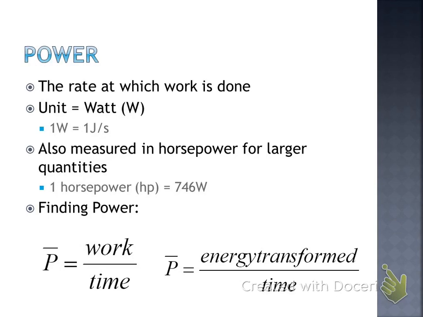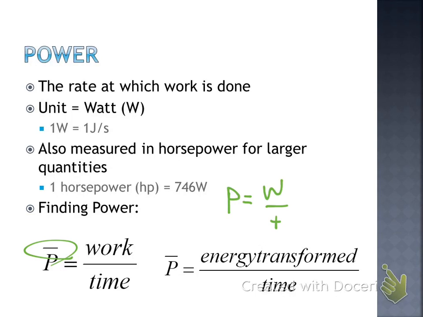Here is our equation that could go on your equation sheet. Power is equal to work over time, or you can think about it in terms of energy transformed over time. This bar above here just means average power. There could be instantaneous power, which might change depending on how quickly you have your foot on the gas, but we're always going to talk about average power.